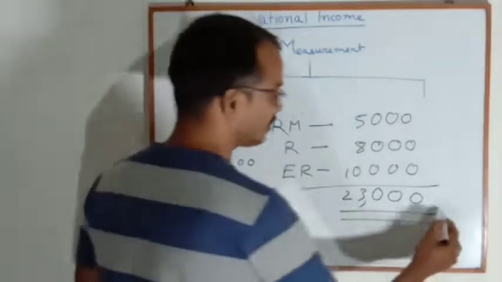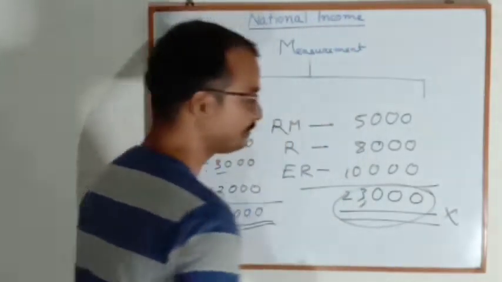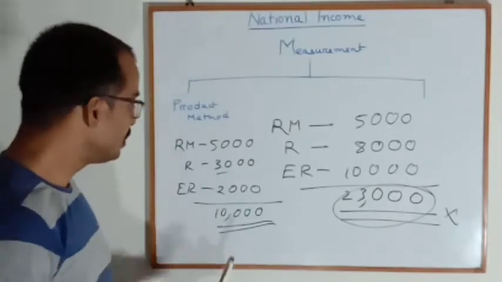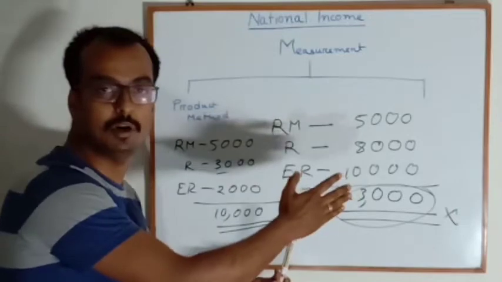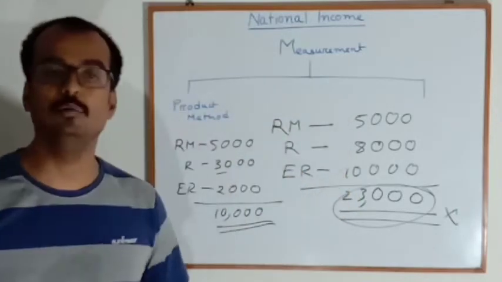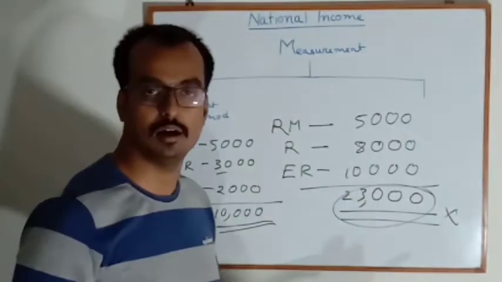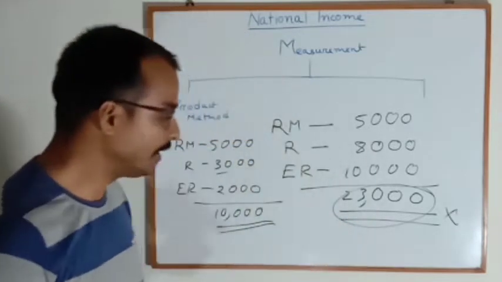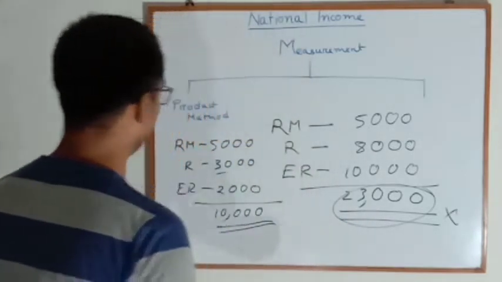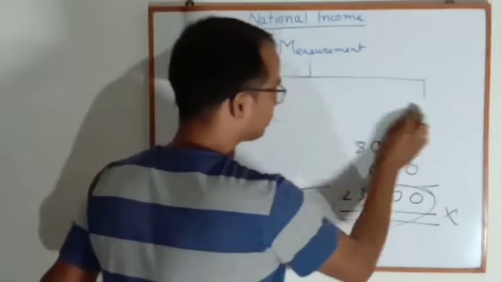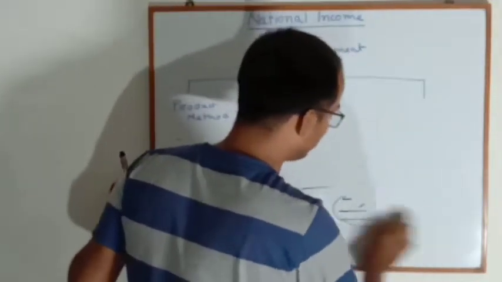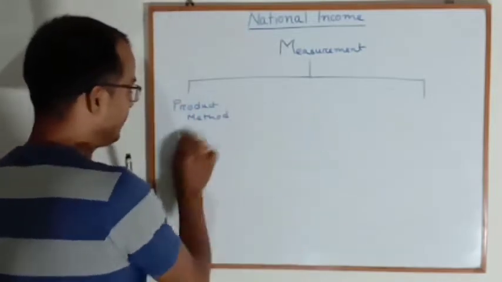This is not, this is wrong. So in this way, we can solve the problem of double counting. This is called the value added method. This is the final output approach and this is the value added method. In this way, we can solve the problem of double counting in case of national income counting through the product method.